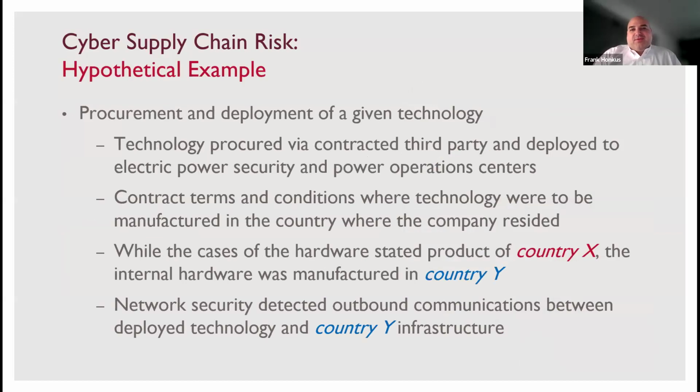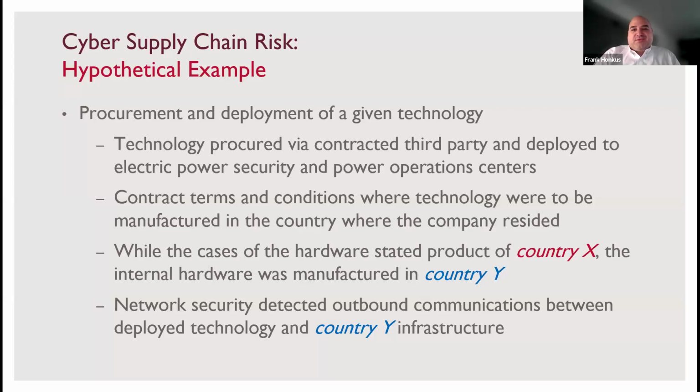So let's talk about a hypothetical example. In this case, you're trying to provision hardware, and you're working with a third-party contractor. You want to procure technology to deploy into your electric power security and power operation centers.